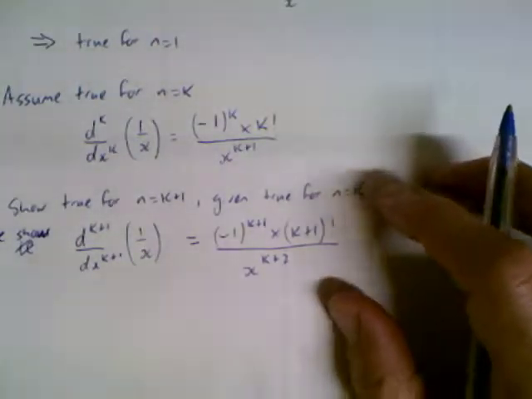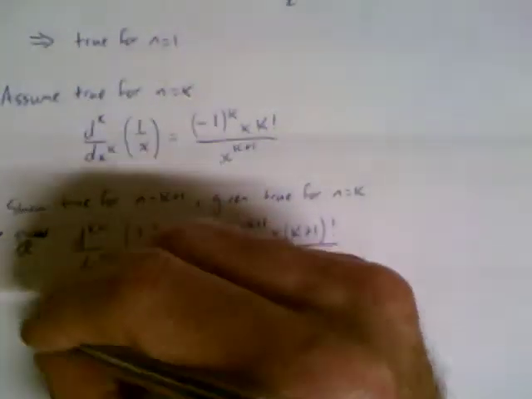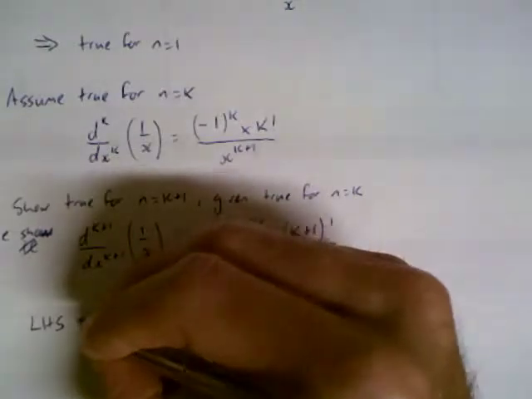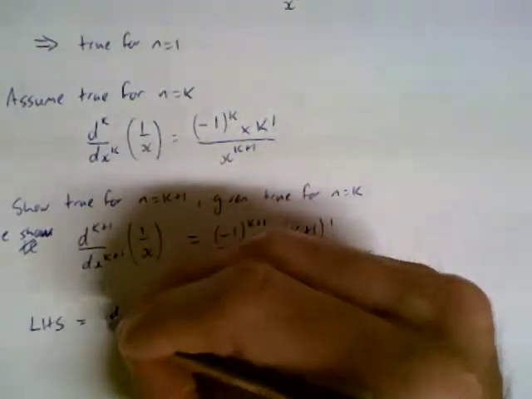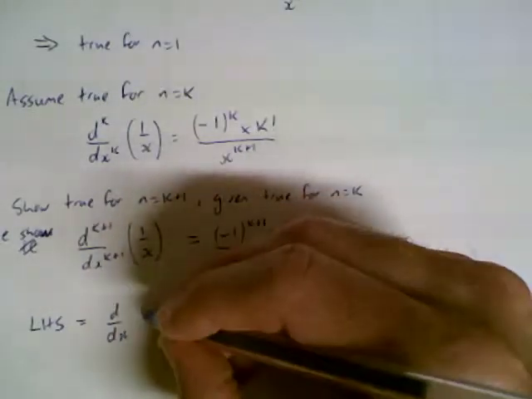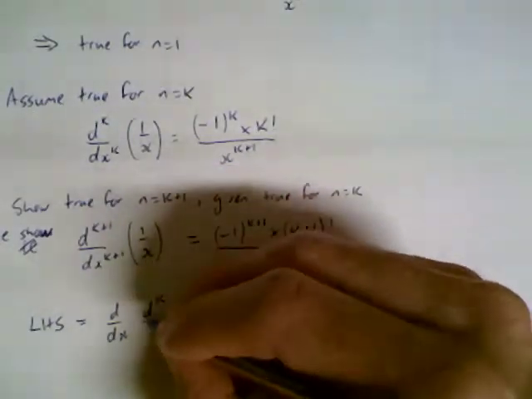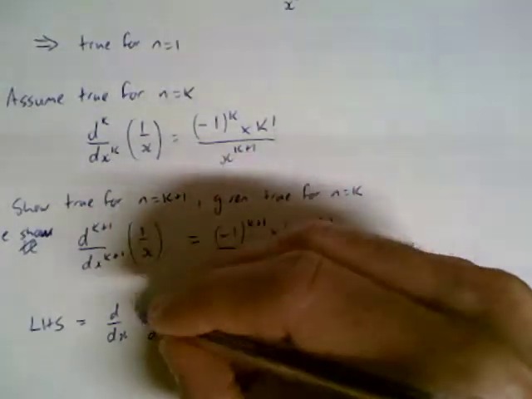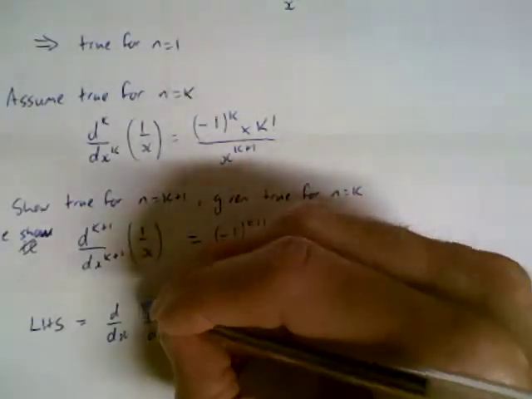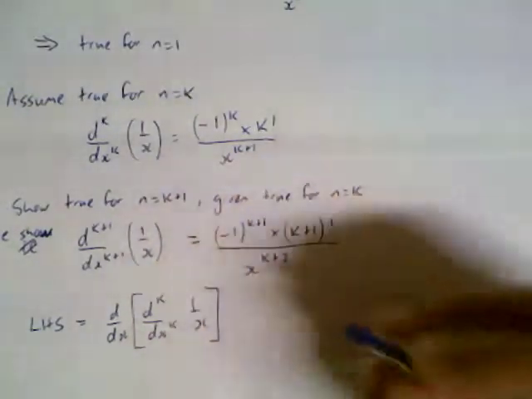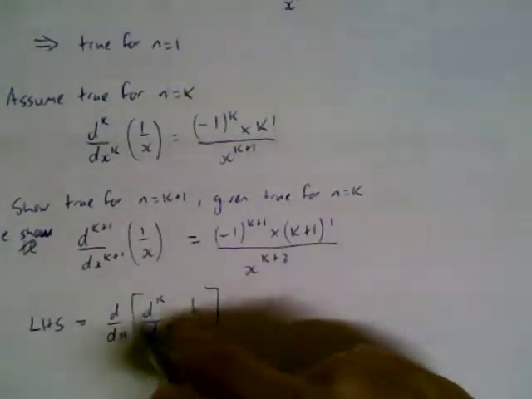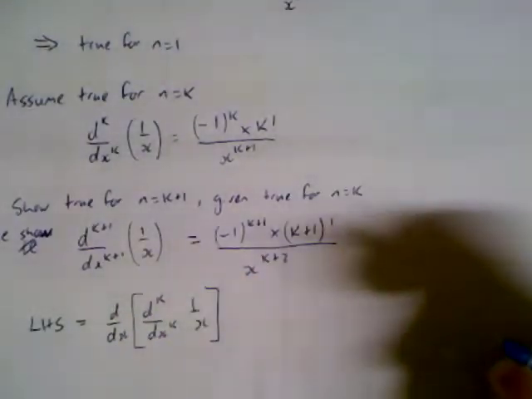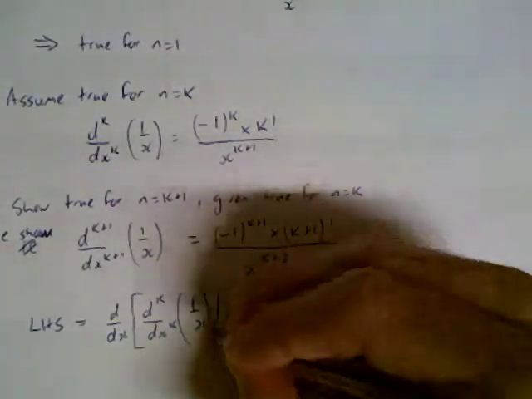Okay, so how do we go about doing that? Let's go to the left-hand side here. The left-hand side, we can really think of as being the derivative of d^k/dx^k of 1 over x. So the (k+1)th derivative is really just the derivative again of what we've already got, d^k/dx^k of 1 over x.